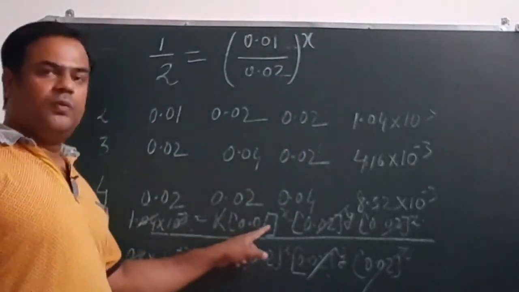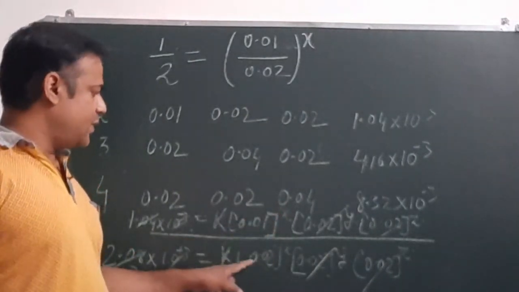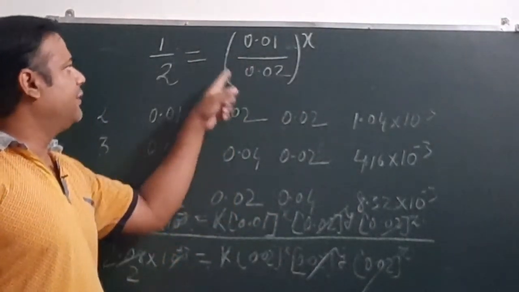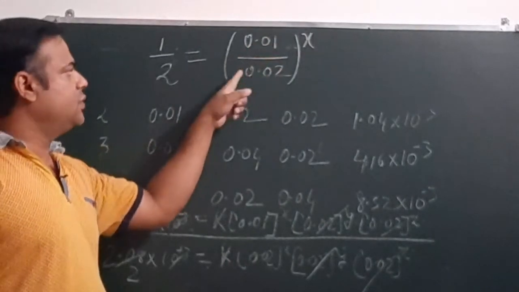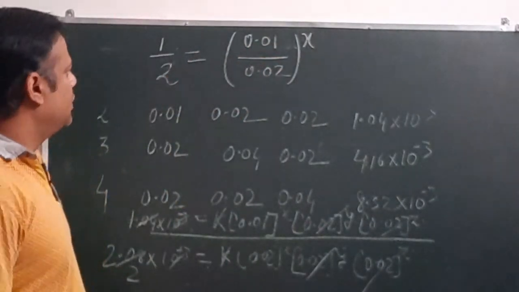Here 0.01 to the power x, 0.02 to the power x. So we'll divide, then we'll have 0.01 divided by 0.02 to the power x.